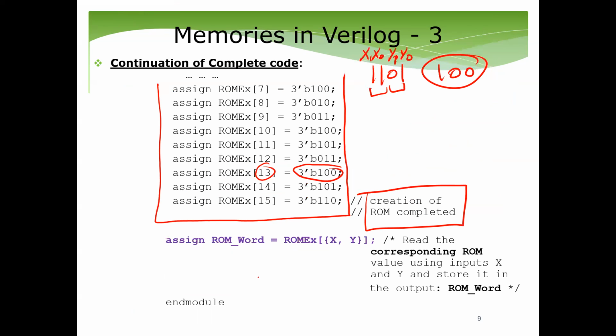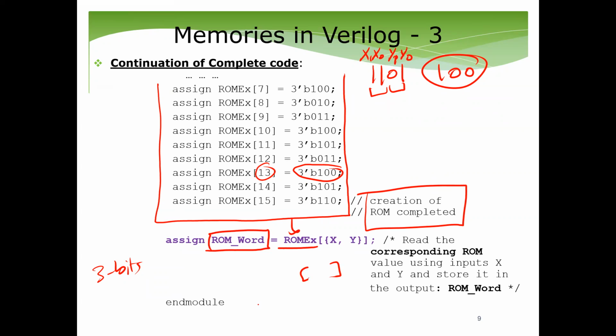Now, how to read out? That's going to be easy. We're going to assign ROM word, which is the output. Okay? The output ROM word is 3 bits. Have to be careful to make the output the same size as M, and M is equal to 3. So this is going to equal ROM X of something. Now we are addressing our ROM that we created.